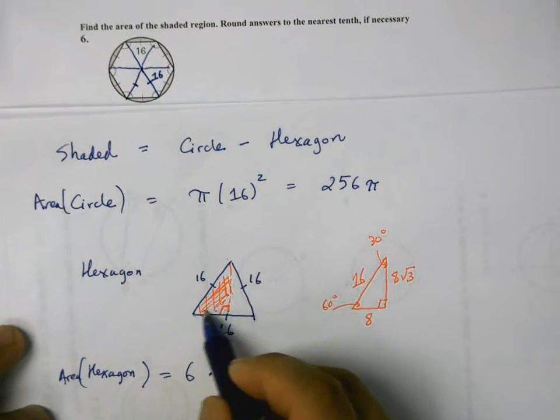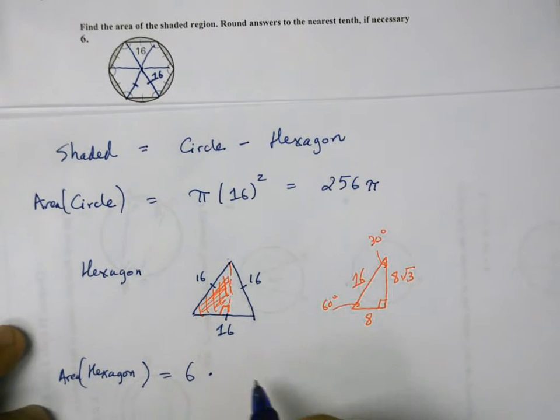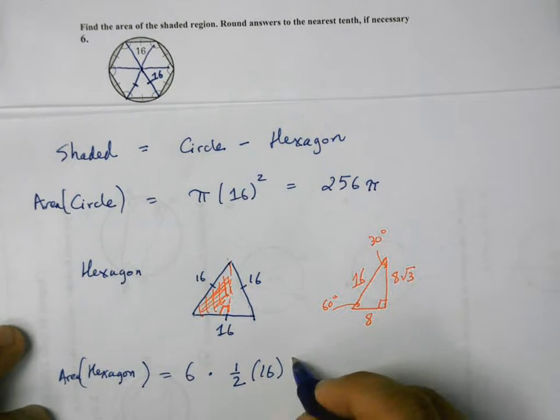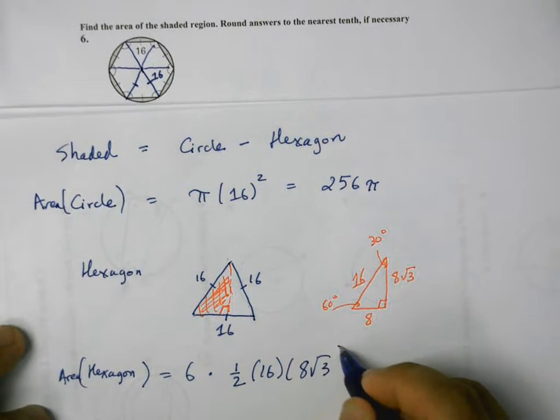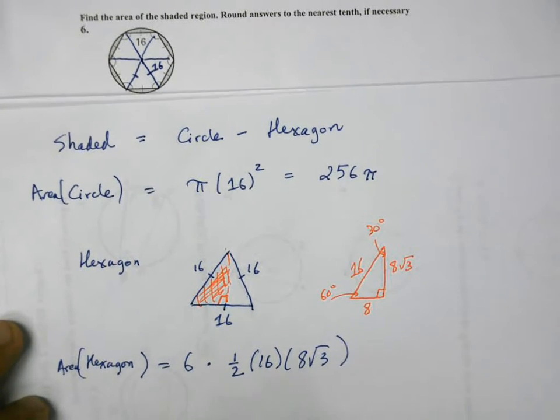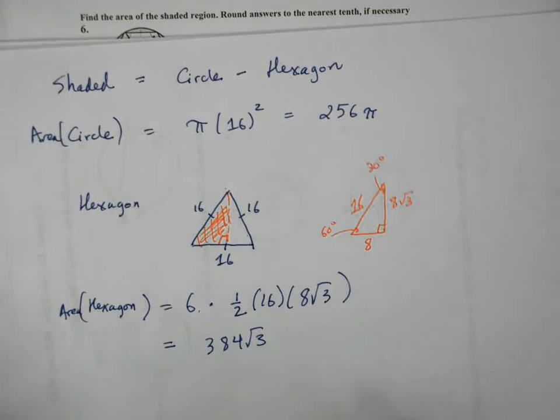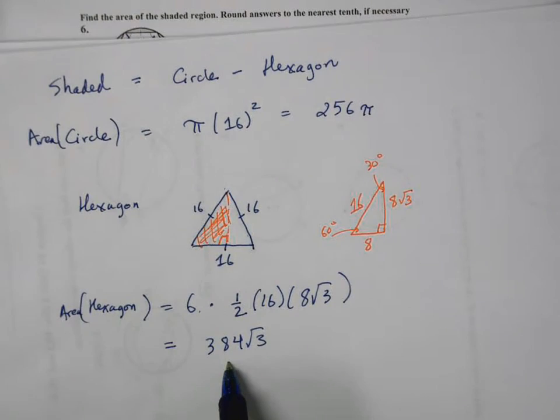The area of each one of these big triangles is 1/2 the base, which is 16, times the height, which is 8 root 3. So putting all these calculations together, we get 6 times 8 times 8 times the square root of 3. So that's 384 times the square root of 3.